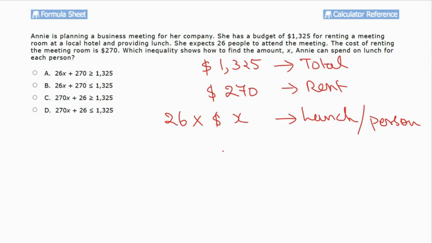So we can write the inequality like this: 270 is the rent, that is a fixed amount, plus X is the lunch value per person, and if there are 26 people, that is going to be 26X, and it should be less than or equal to $1,325. So that is the inequality answer. So you can see here B is the answer.